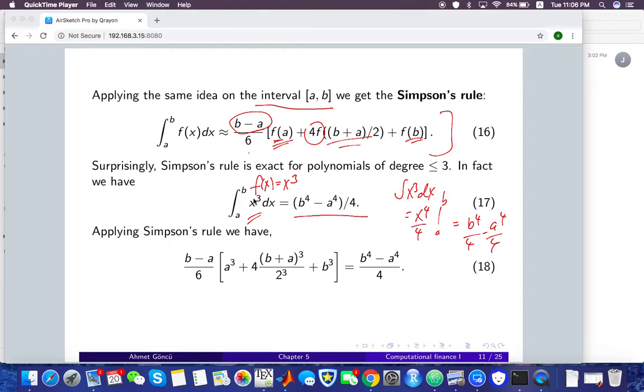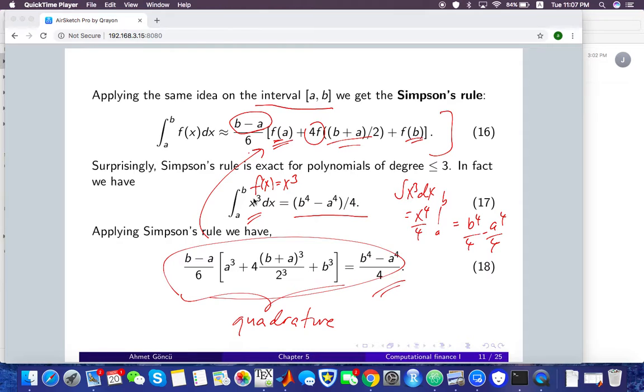And on the other hand, you can also evaluate the quadrature formula here, and this is what you get from the quadrature formula. But if you do the algebra here, this is exactly the same as the exact solution of this integral. So this shows that Simpson's rule is also exact for polynomials of degree 3.